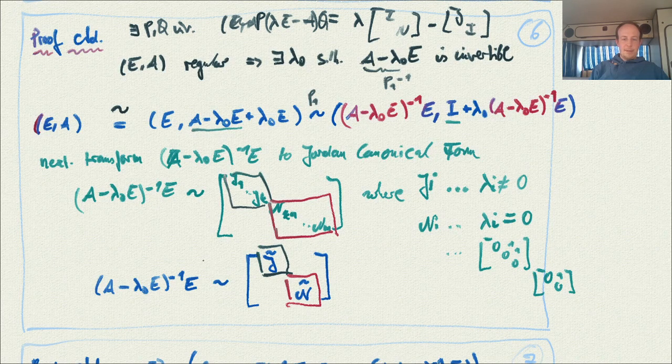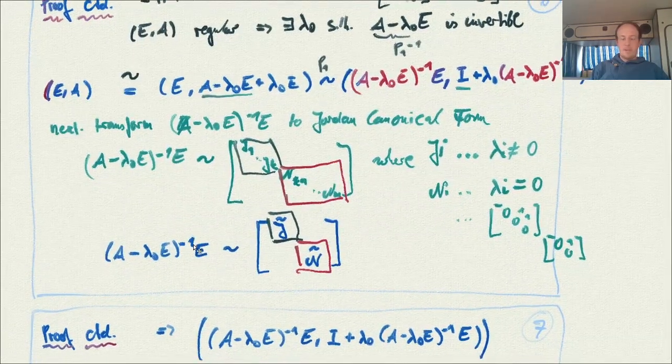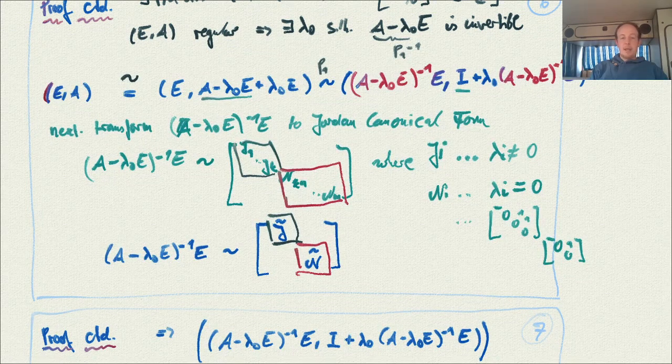This matrix is similar to its Jordan canonical form, and with these conventions I was introducing here, we can write this as this J block and this N block.